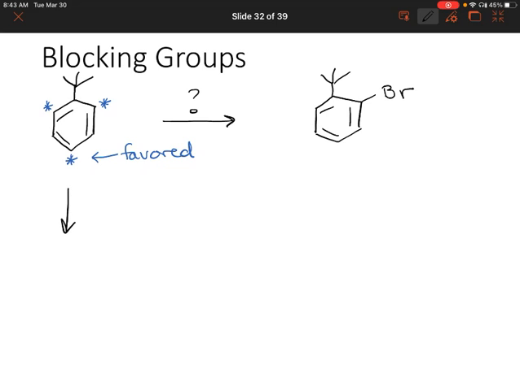So we can add something to the para position, and it should be something bulky so that it only adds to the para position. So we're going to use sulfonation. And how do we add that sulfur group, the SO3H group, to the para position? What reagents would we use?